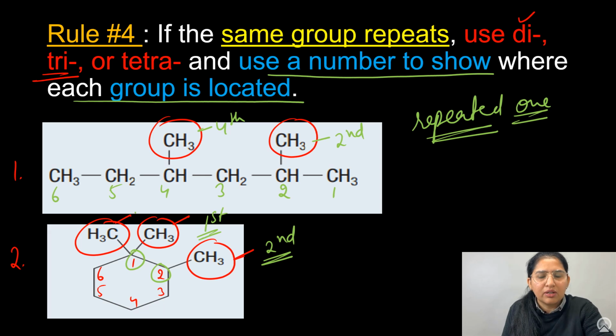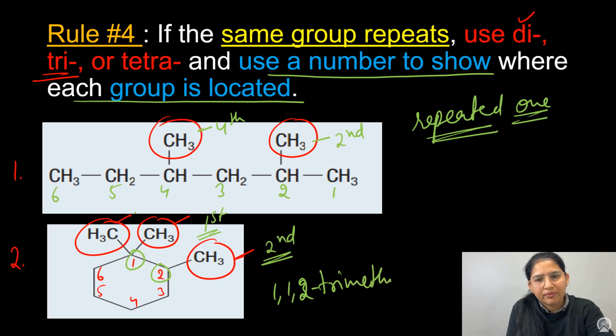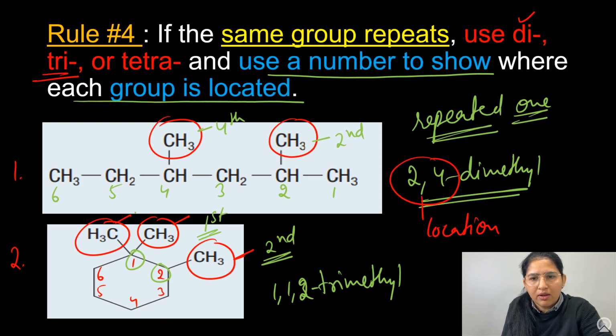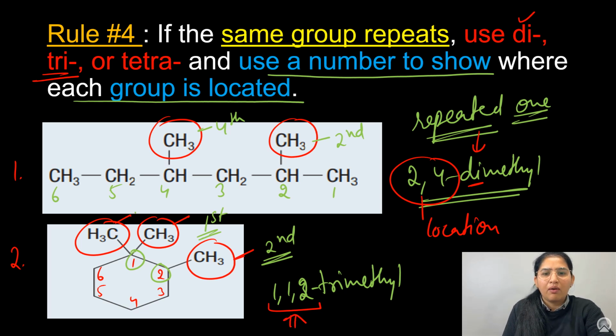So here it should be written as 1,1,2-trimethyl, while the previous one is written as 2,4-dimethyl. These 2 and 4 represent the location in the chain, while di represents how many times it repeated itself. And again 1,1,2 represents the positions in the chain, while tri represents how many times it is repeated.